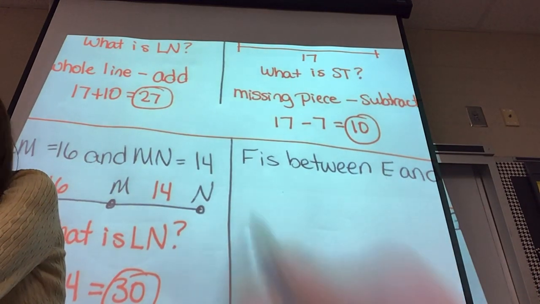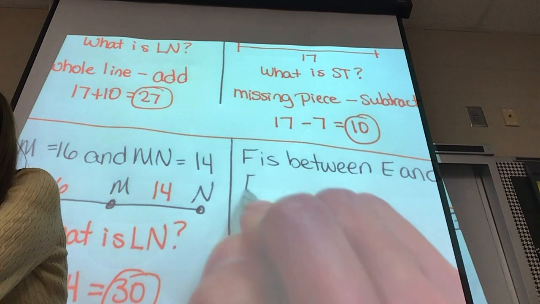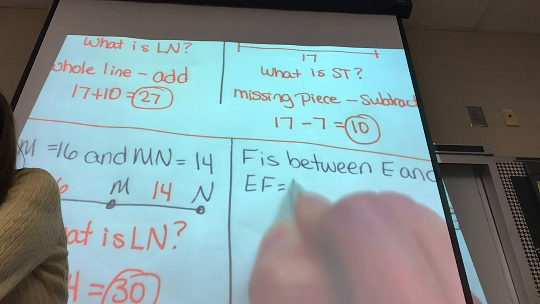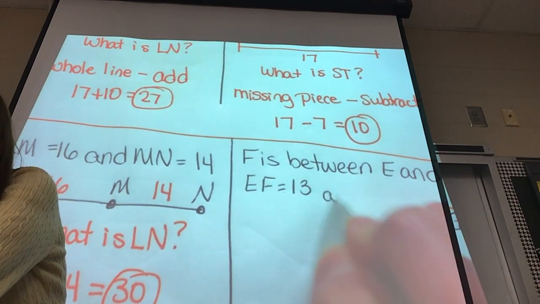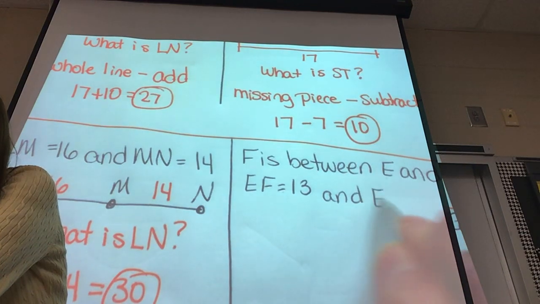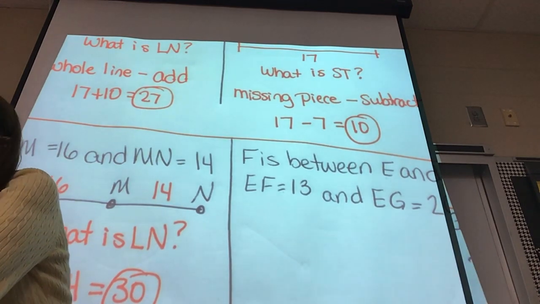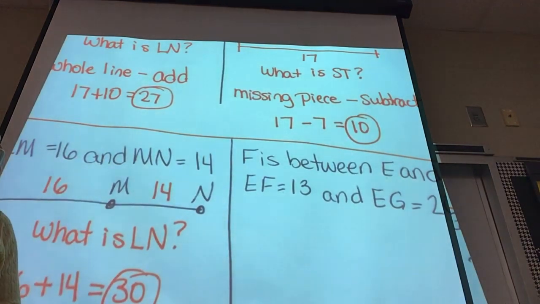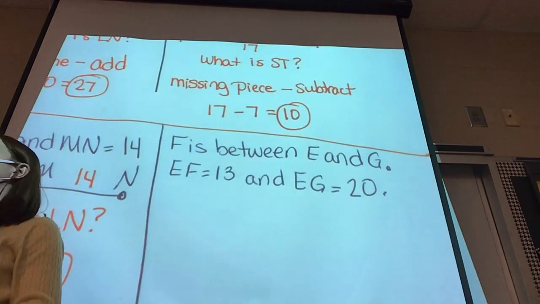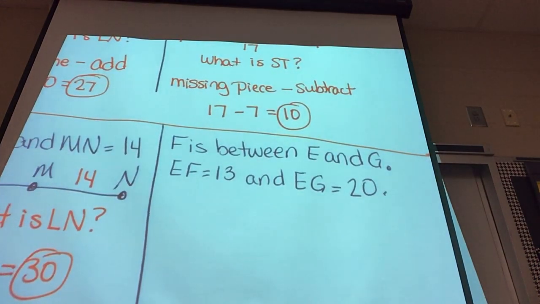They tell us that EF is 13, and EG is 20. Now, I should know how to draw this even if they don't give it to you. So what are they telling me is the beginning and the end point of my line?